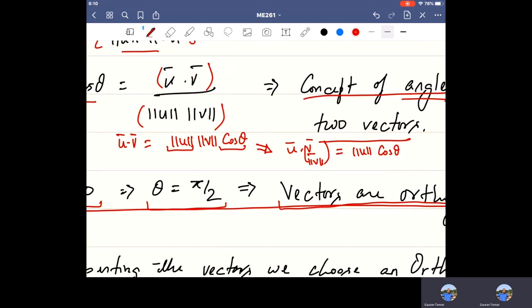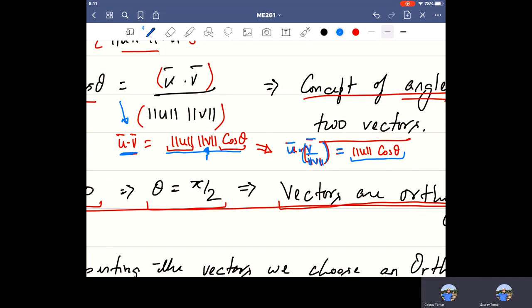So to take the inner product, we take u dot v as norm of u into norm of v cos theta, simply using that definition. Take the norm of v to the left hand side and write this as u dot v divided by norm of v, which is equal to norm of u into cos theta, right?